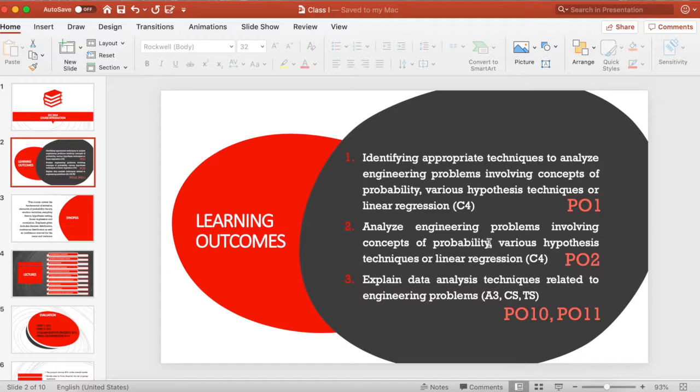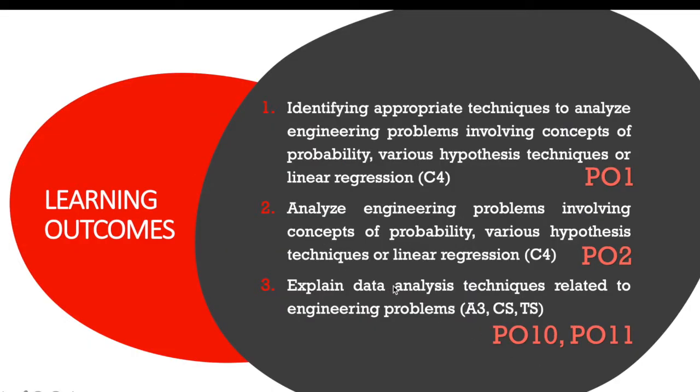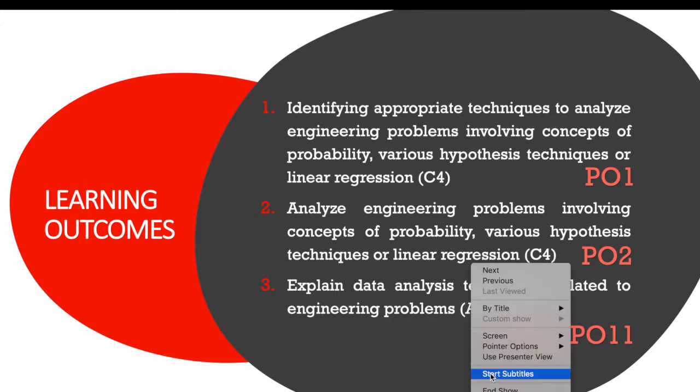And the second one is to analyze engineering problems involving concepts of probability, variance, hypothesis techniques, or linear regression, which is also C4 and covered by PO2. So let's take a look at what PO2 is.